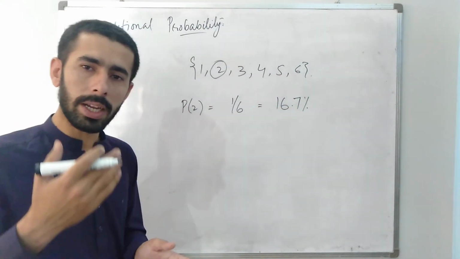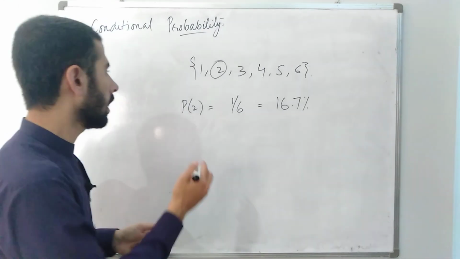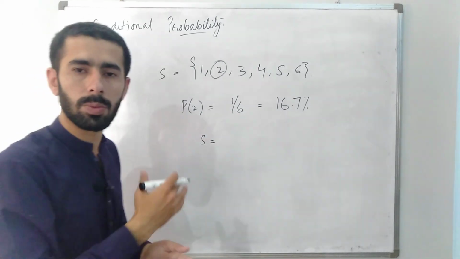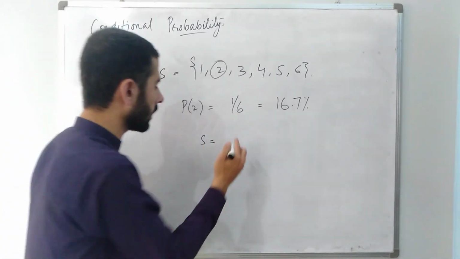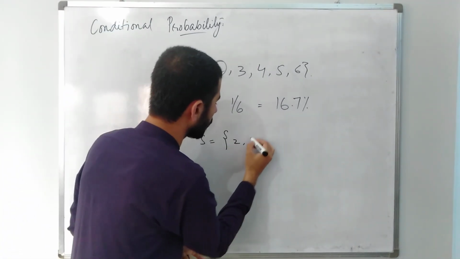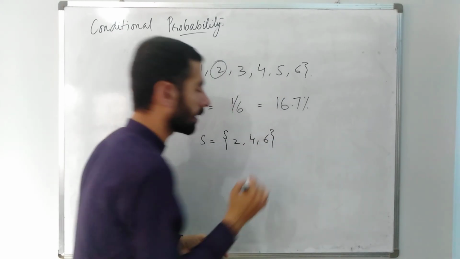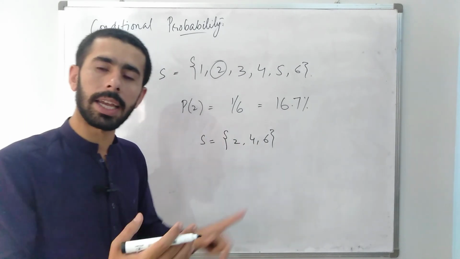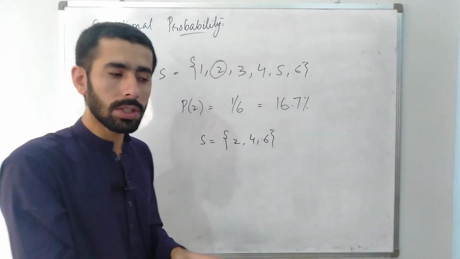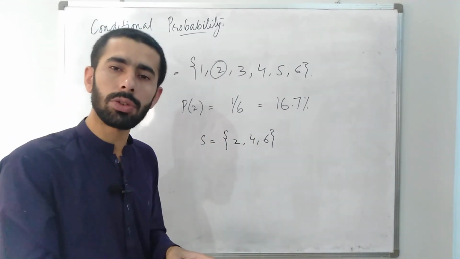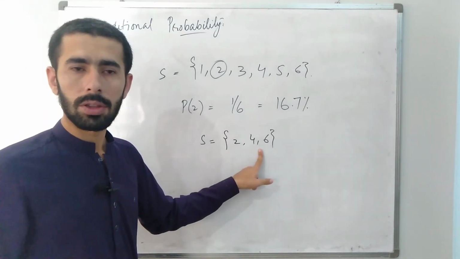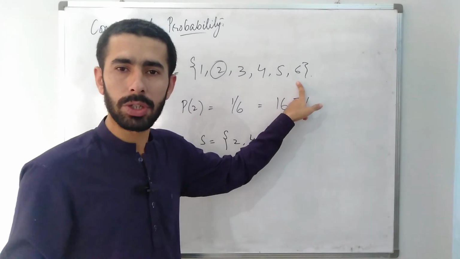Why? Because someone provided me an extra piece of information. Now my sample space, which earlier was 1, 2, 3, 4, 5, 6, would shrink to simply 2, 4 or 6. I just need to find my 2 in these even numbers, not in all the possible options.